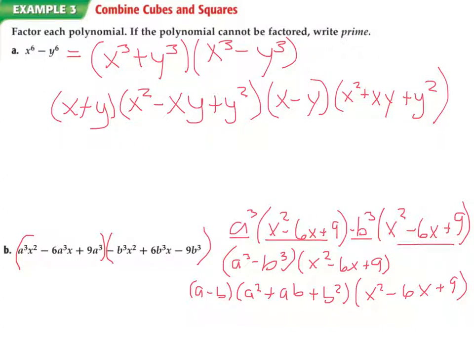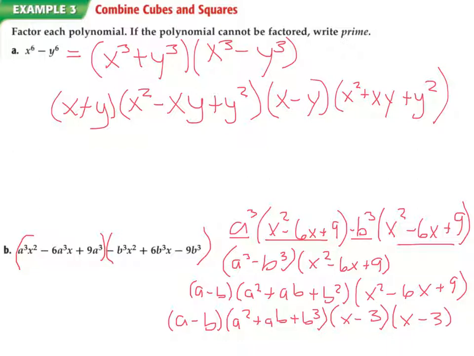And now, using perfect squares, I can go ahead and break this down one more time into our final answer, which is going to be a minus b times a squared plus ab plus b squared times x minus 3, and we could have x minus 3 with it as well.